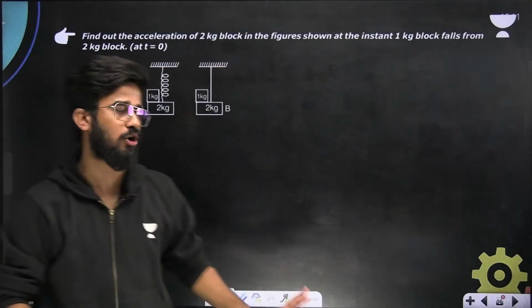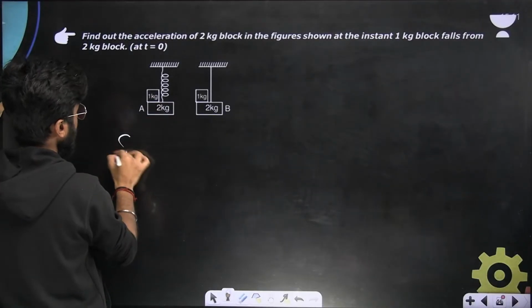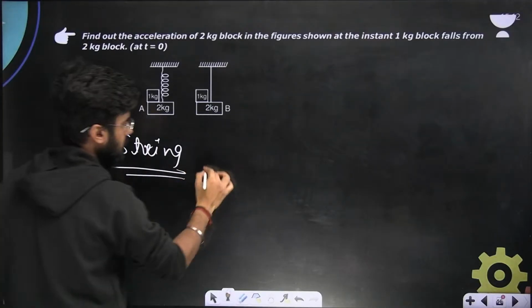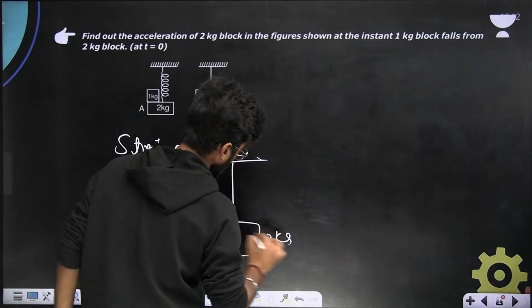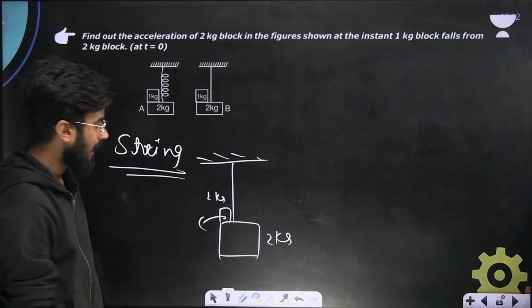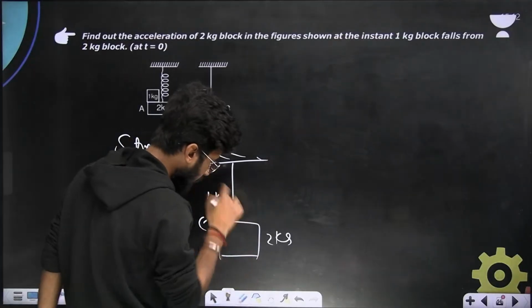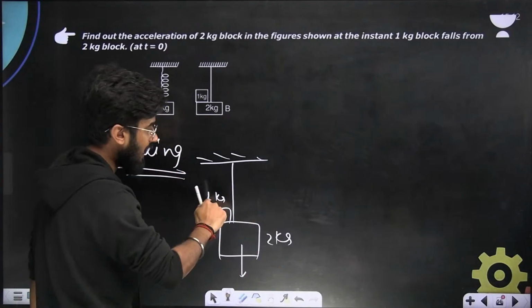So first of all, let us talk about the string. What happens in the string? This is a string. This is the 2 kg block. This is the 1 kg block, and it just falls down. There was a total of 20, means 2 into 10, 20, and 10 means 30.